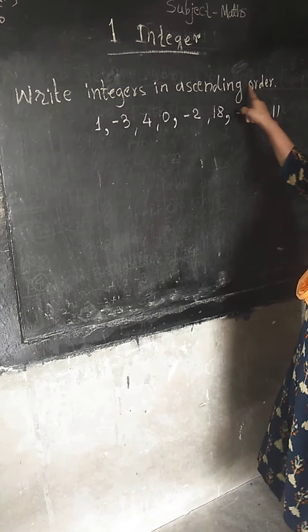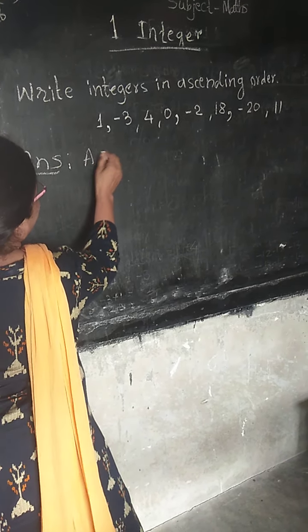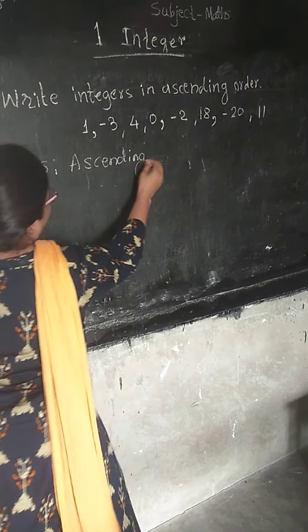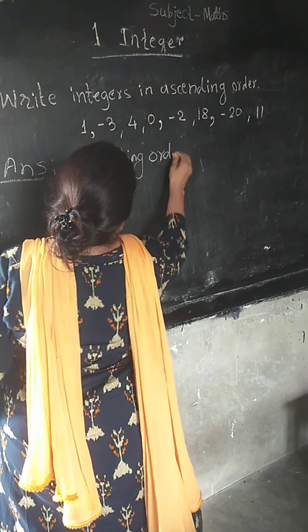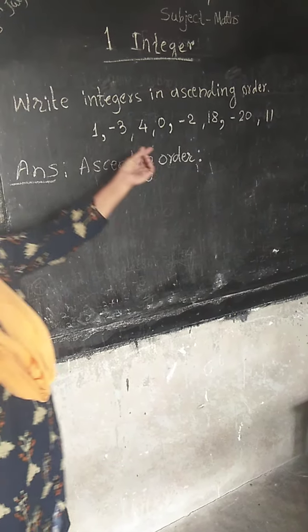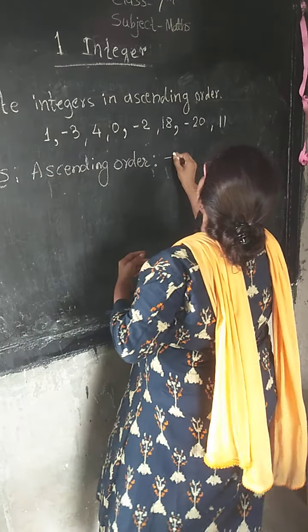Its answer is ascending order. Which is the smallest number in that series? Minus 20 is the smallest.